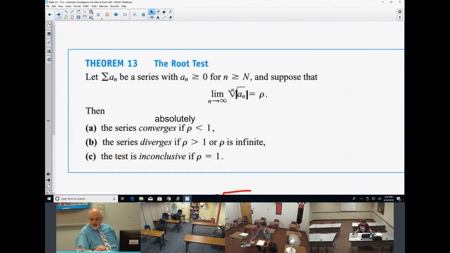Okay. So this is where I think we were at, the root test. All right, so let's get that out.